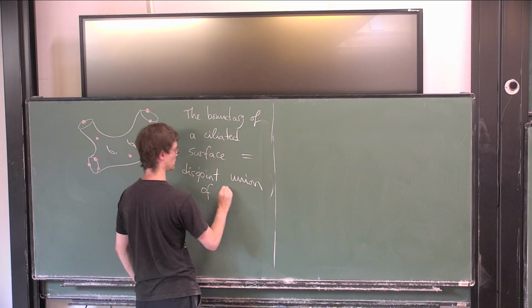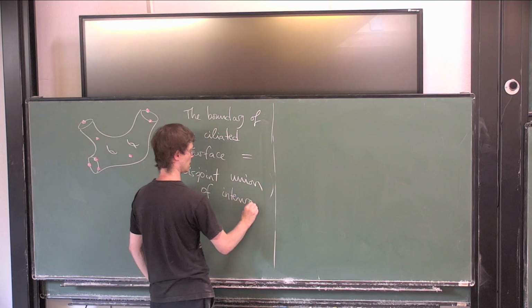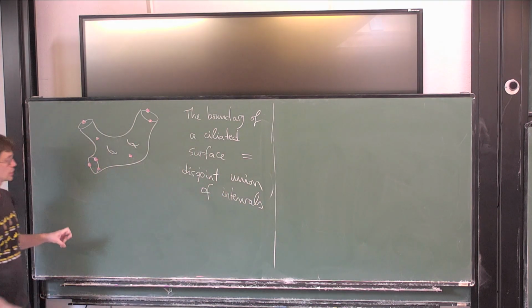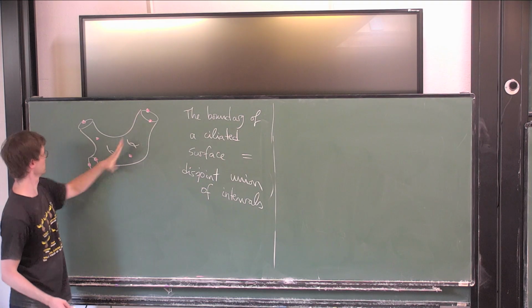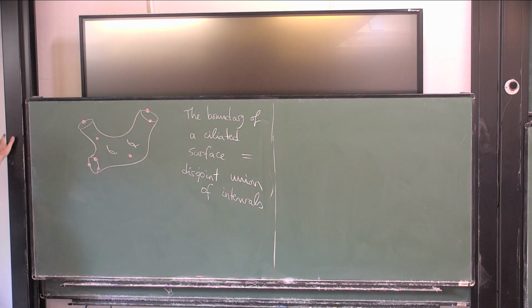And so our TQFT will associate a vector space to an interval. But since any two intervals are homeomorphic, it will always be the same vector space. And it will associate some linear map to any ciliated surface.